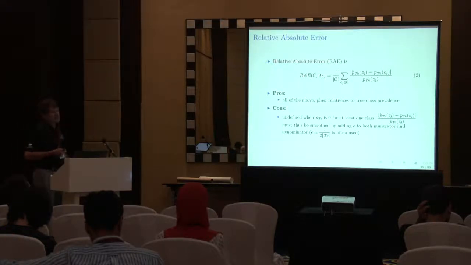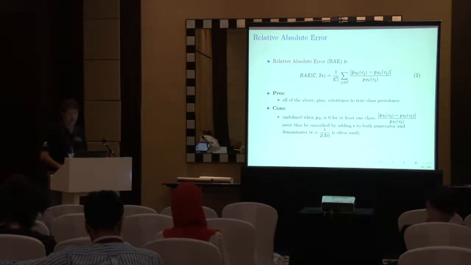And because of this, we need to introduce some smoothing, which means that we typically add a small quantity epsilon to both the numerator and the denominator. And it's typically the case that this value is often used because it's actually half count, so half of the value of an individual error.